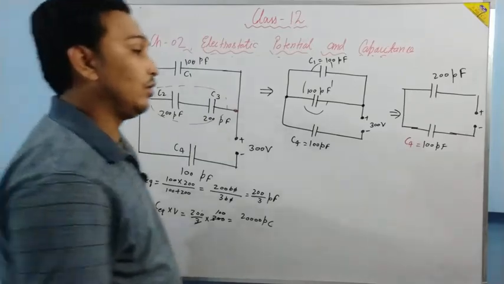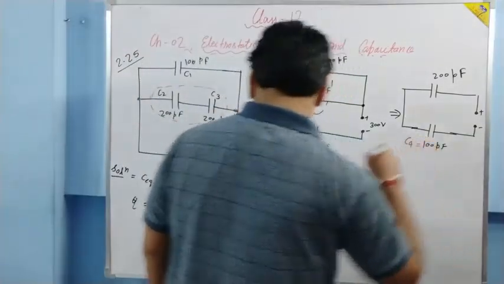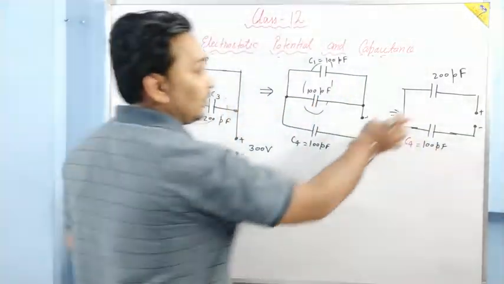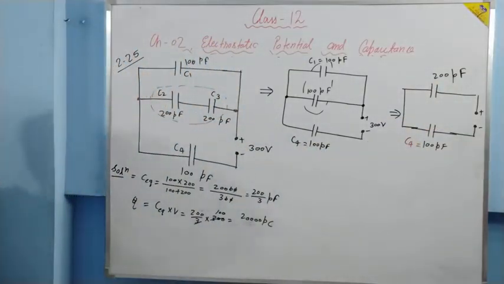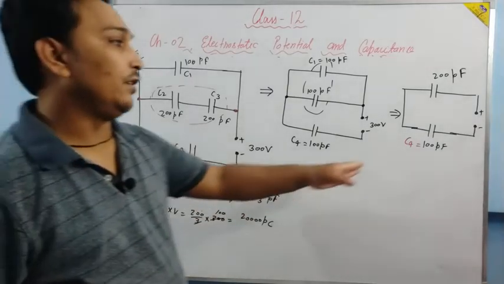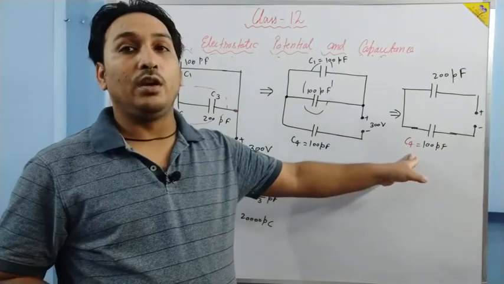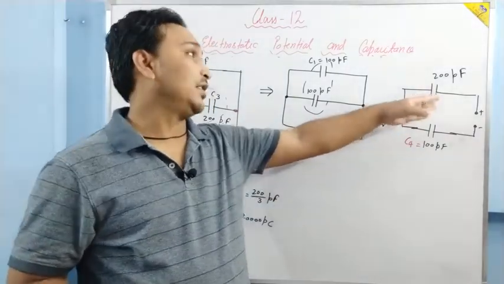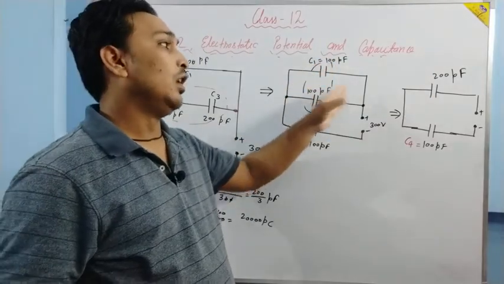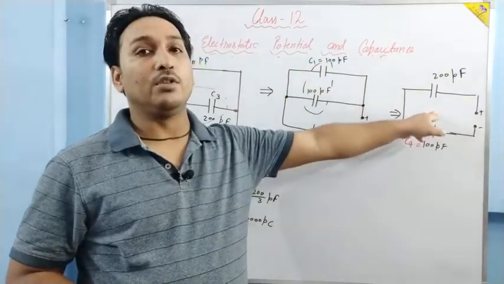So this capacitor will have this much charge, and this capacitor will also have the same charge. Why am I saying so? Because in series combination, charge remains the same. So basically C4 will have 20,000 picocoulomb, and this 200, which is basically the combination of these two, will also have 20,000 picocoulomb.